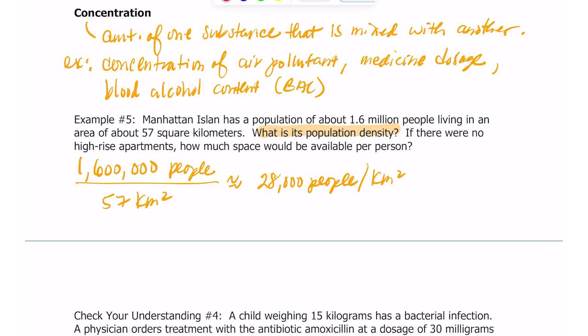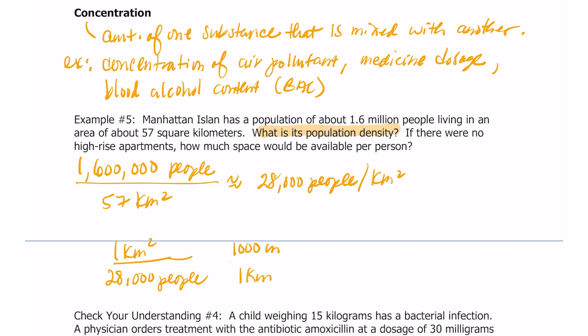So I'm going to write 1 square kilometer over 28,000 people. Okay, now what's my conversion for kilometers? Well, I know that 1 kilometer equals 1,000 meters, right? So I would need to put kilometers on the bottom.